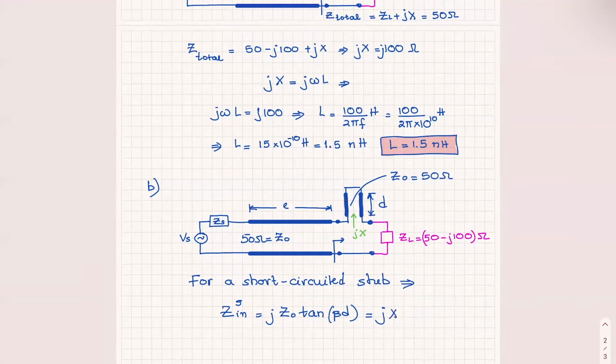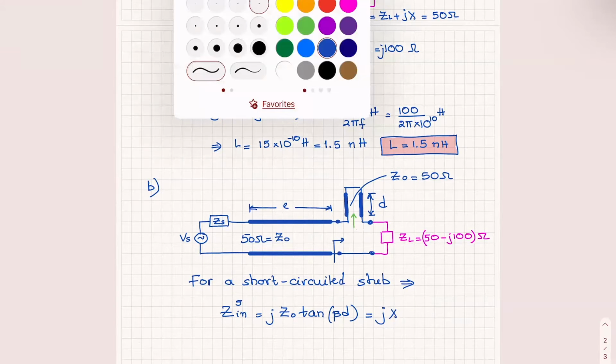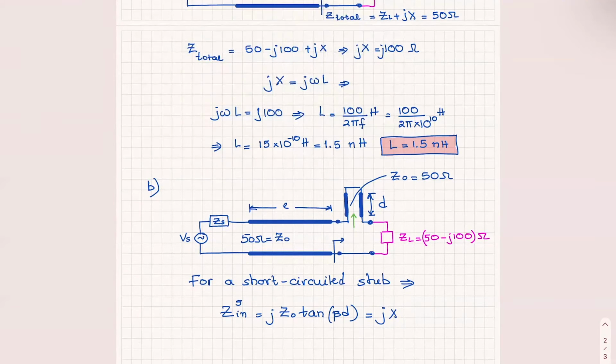That little subscript is the input to the stub, so that just stands for stub. Okay, so let me write it here to be clear. Z input to the stub.